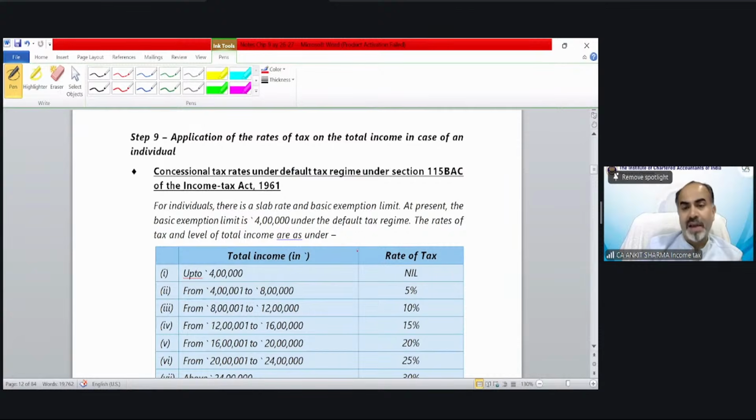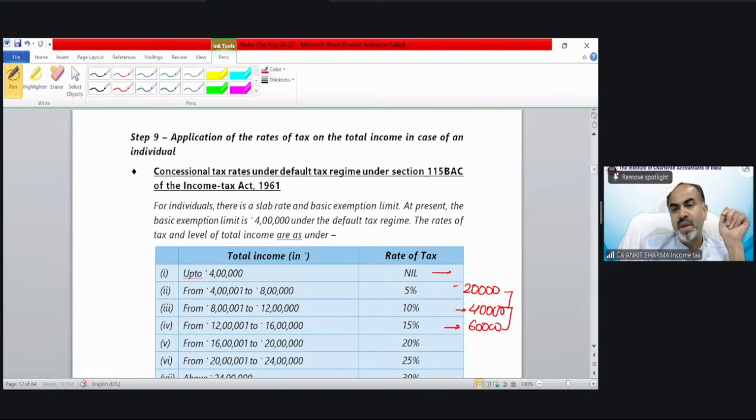We have the rate of taxes in front of you. In case of default tax regime, up to rupees 4 lakh, there is no tax. Then for the next 4 lakh to 8 lakh, the tax is 5%. That would be 20,000. Then for the next, it would be 40,000 extra. So total would be now 60,000. Then for the next, it would be 60,000.